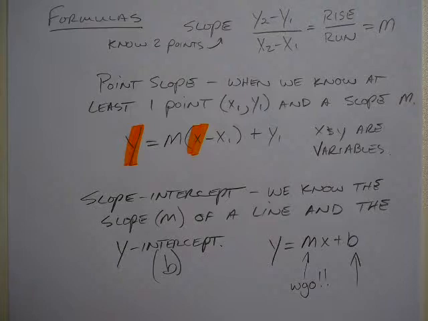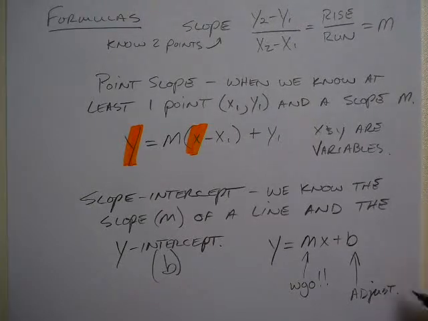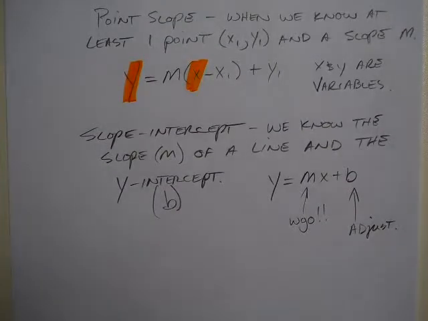It's the adjustment. We've been talking about it as what's going on and an adjustment. In this formula, the m is the what's going on and the b is the adjustment. X and y, or f of x and x.